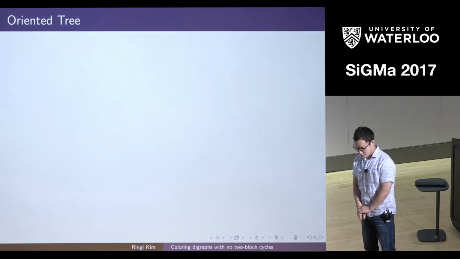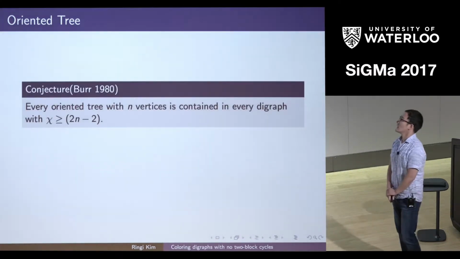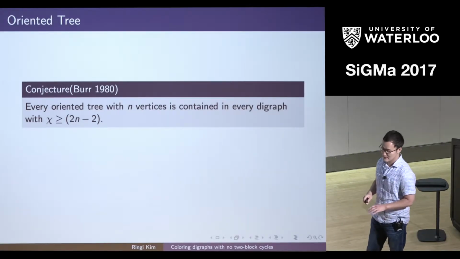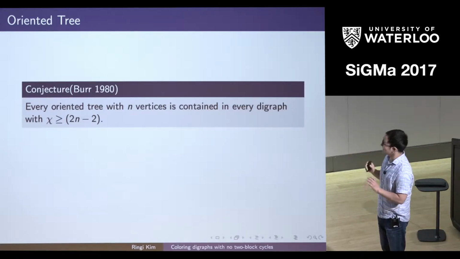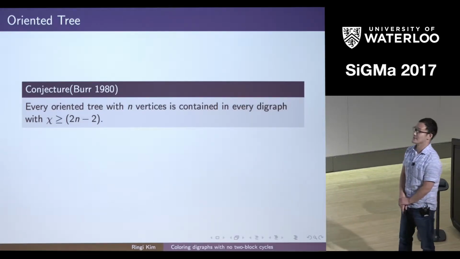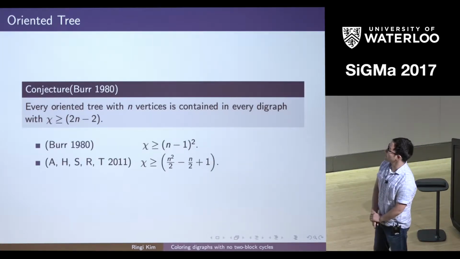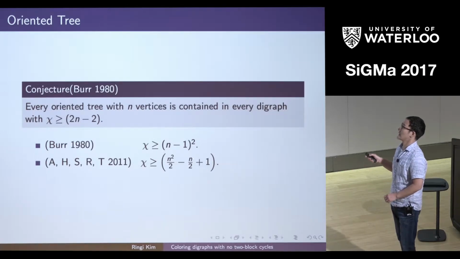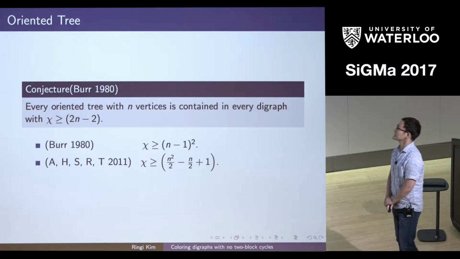Next is the oriented tree, and there is a conjecture of Burr. He conjectured that every digraph with chromatic number at least 2n minus 2 contains every oriented tree with n vertices. In the same paper, he showed that this is true when the chromatic number is at least (n minus 1) squared.